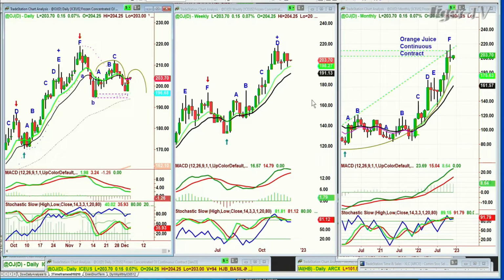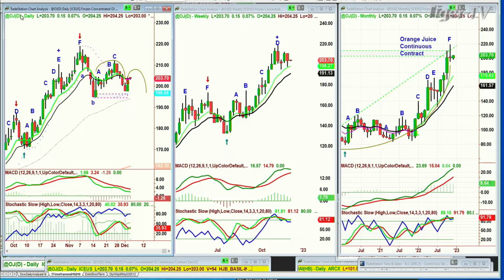You could test that. At this particular point, with the strength of the move to the upside, I see more of a consolidation rather than a correction, meaning a correction says it goes down to the 180 level. At this point, I think it's more just a holding pattern.